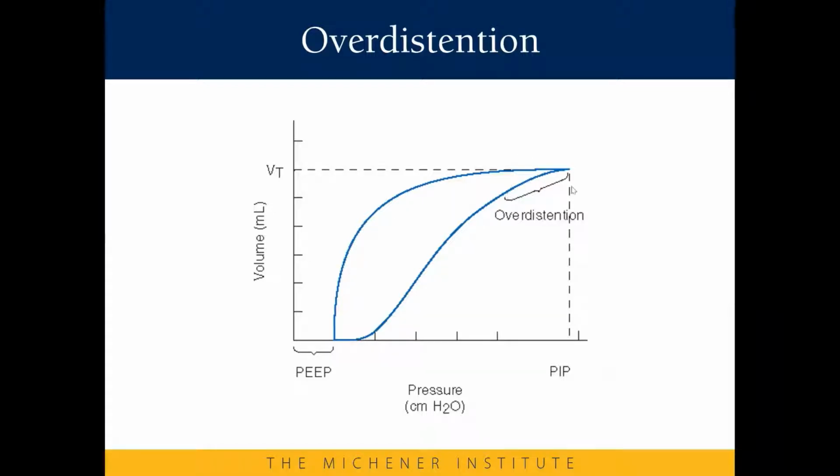So this area here is where we're seeing the over-distension. So if we drop our tidal volume or drop our inspiratory pressures or our pressure control, we can have a loop that doesn't flatten out and will actually sort of finish here and recoil back down naturally.